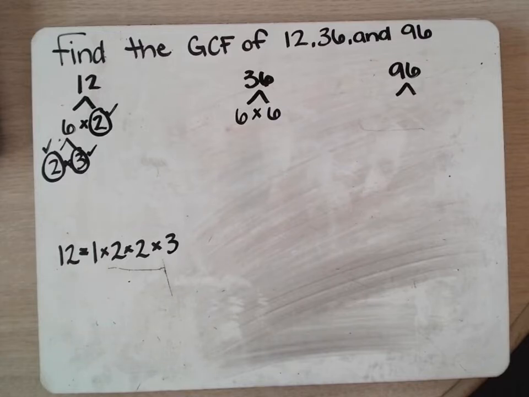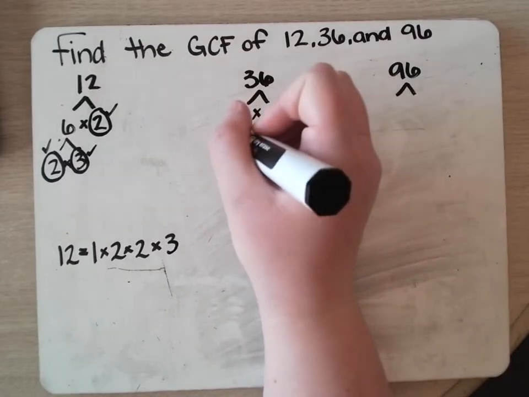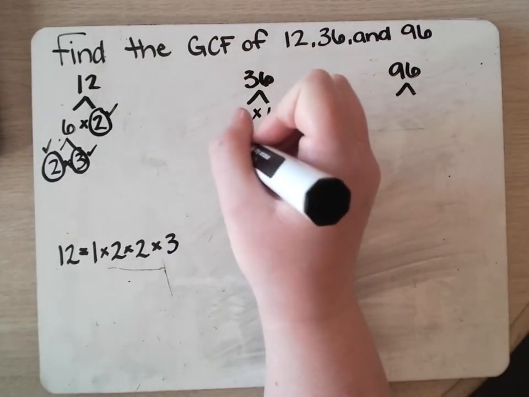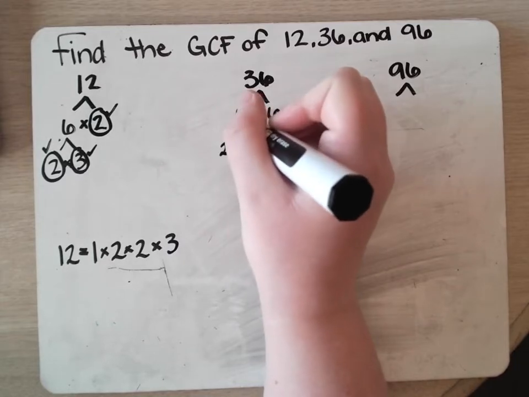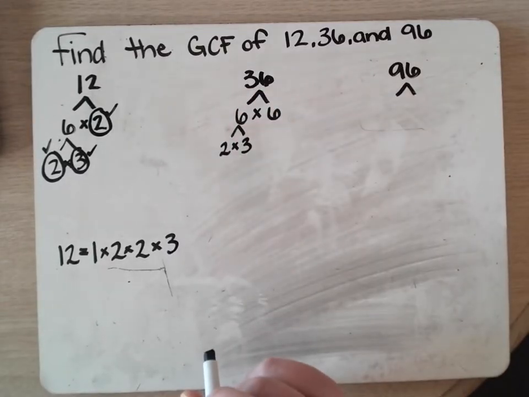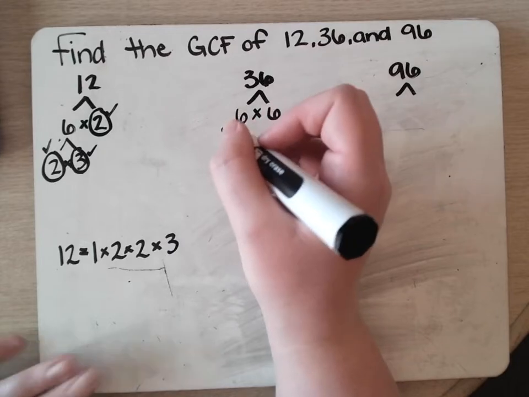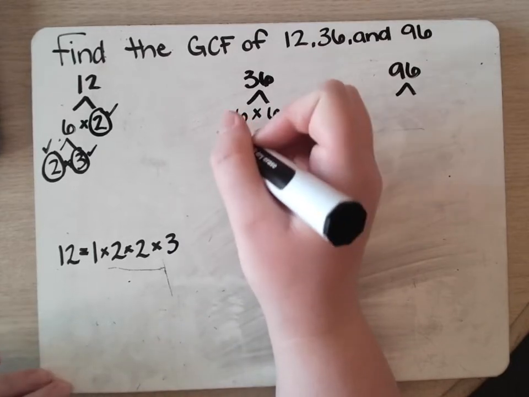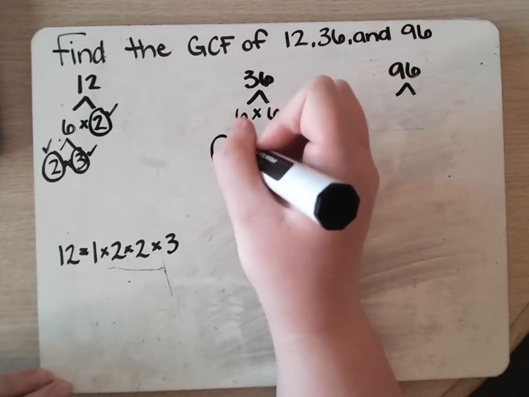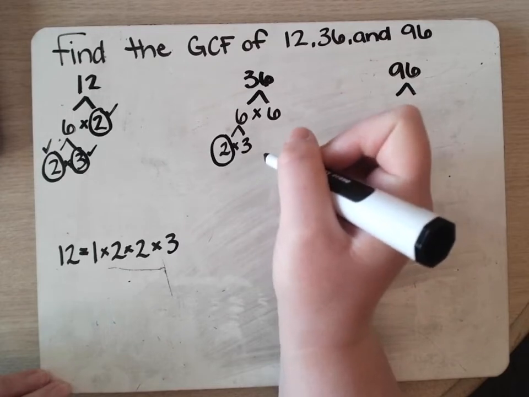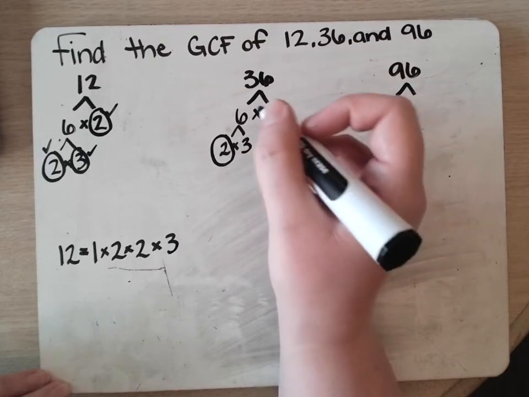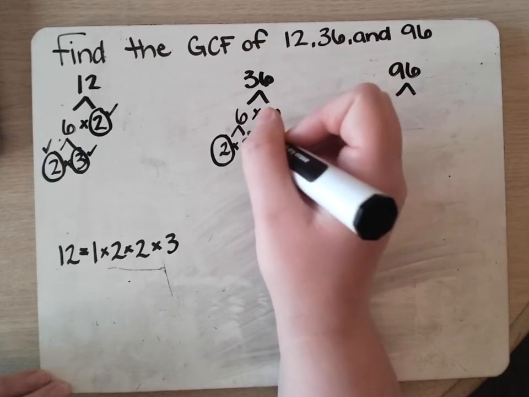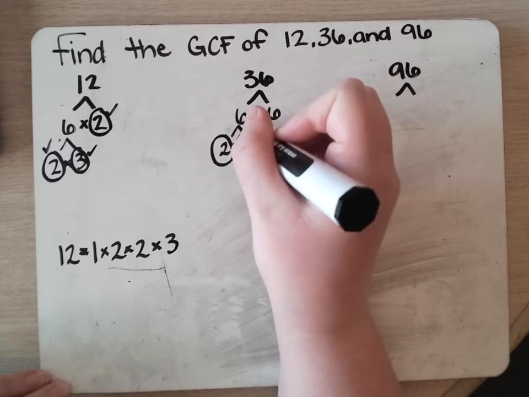So if I want to break down the 6, I know 2 times 3 equals 6. And now I'm going to think, well, the only factors of 2 are 1 and 2, so I'm going to circle that 2. Same thing with the 3. The only factors of 3 are 1 times 3, so I'm going to circle the 3.